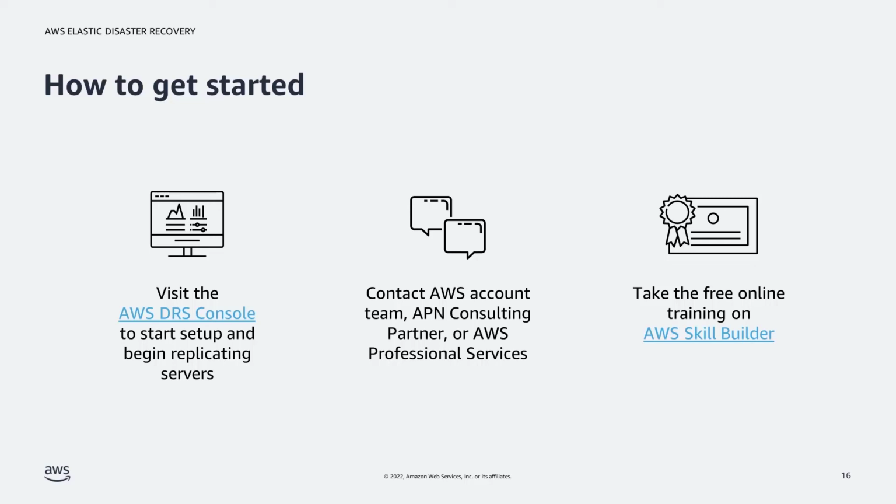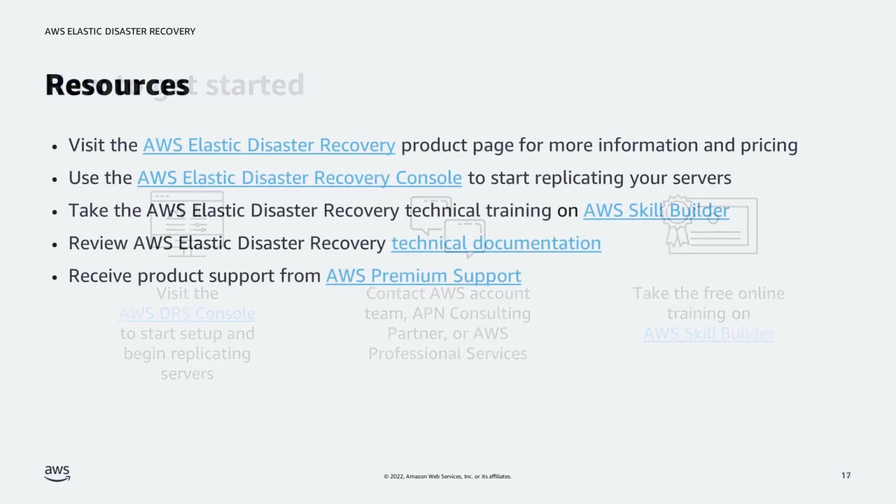We also have a plethora of partners. We have specific partners that are trained in the Elastic Disaster Recovery service and custom to perform disaster recovery, so they are able to help you in that area. And finally, you have the ability to take some free online training classes to understand how this works through AWS Skill Builder.